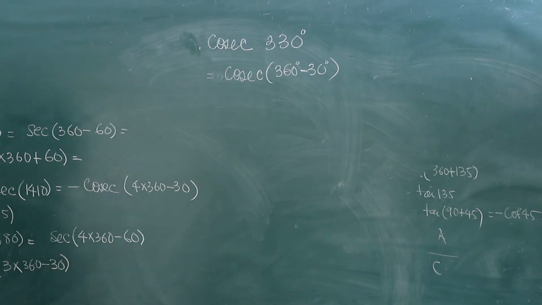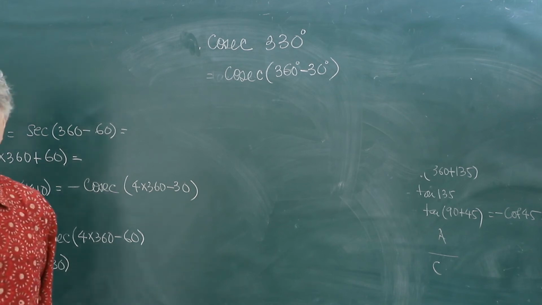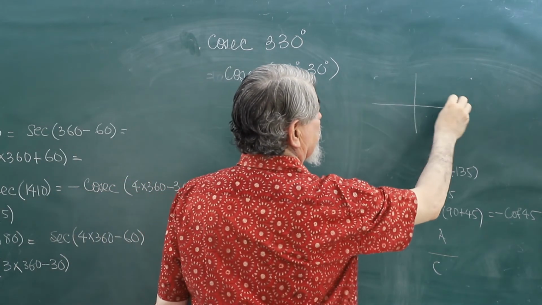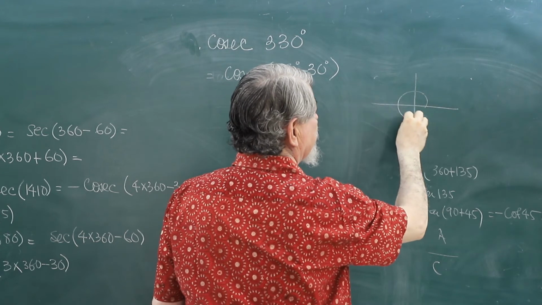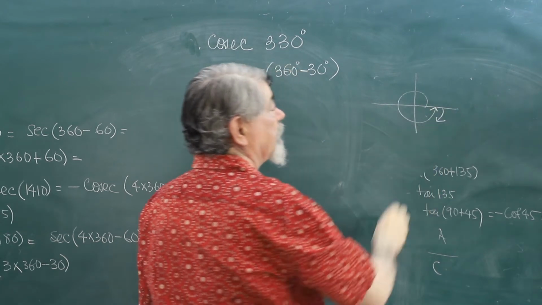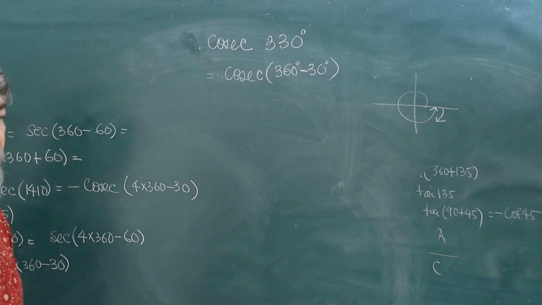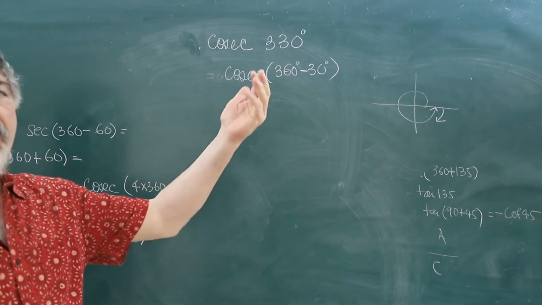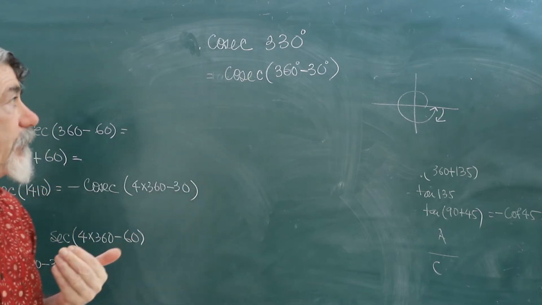And it is going to fall in which quadrant? It is going to fall in the fourth quadrant. Why fourth quadrant? Because you will take a round here, it will become 360 here, and then you are subtracting 30 from it. So you come into the fourth quadrant. You have taken the complete round, and then you are subtracting, 360 minus 30.